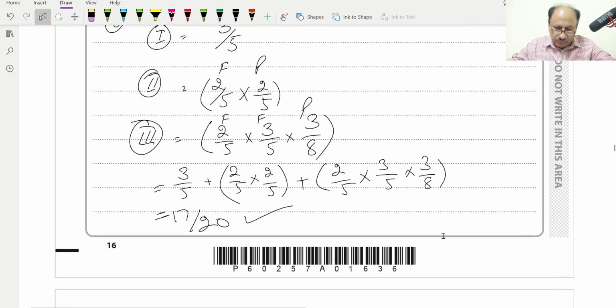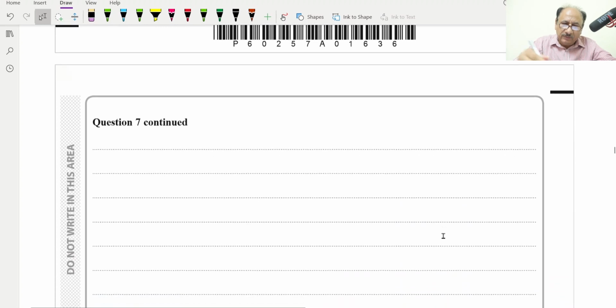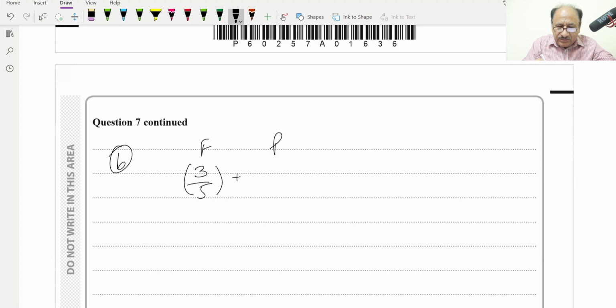So we will solve B over here. The B part says first should be fail and second should be pass. First fail is 2 by 5, which they have provided, and the second attempt will be P, where P is pass, and this is equal to 3 by 4, which they have provided.